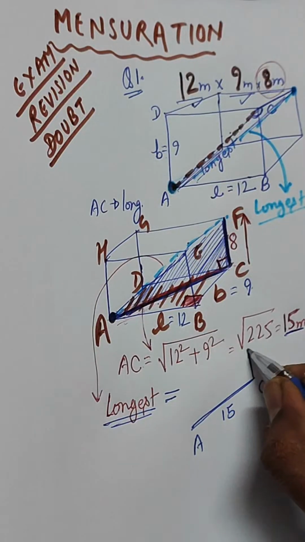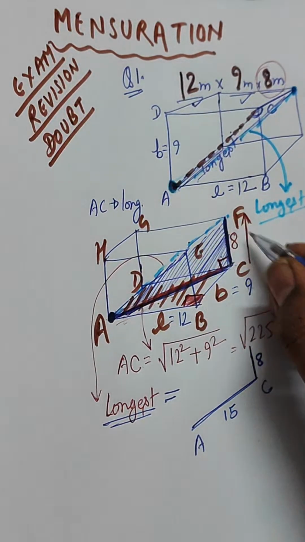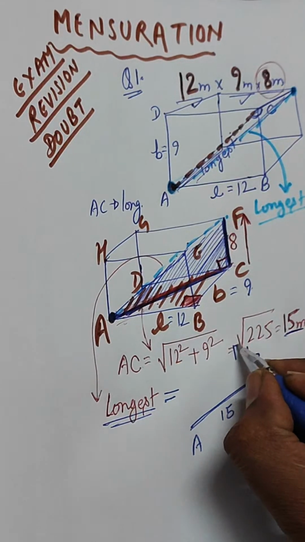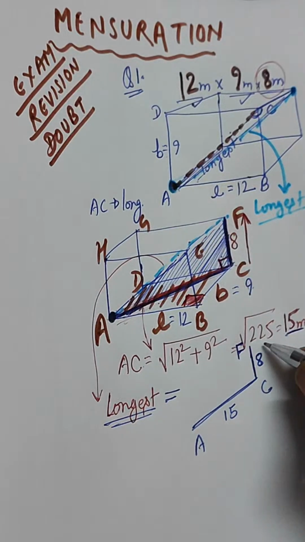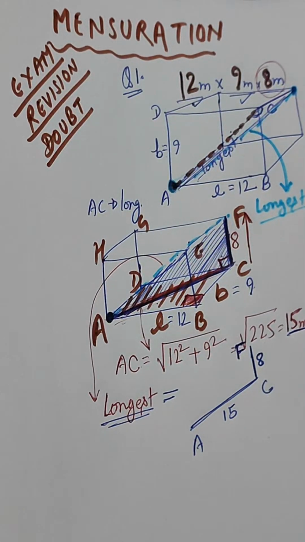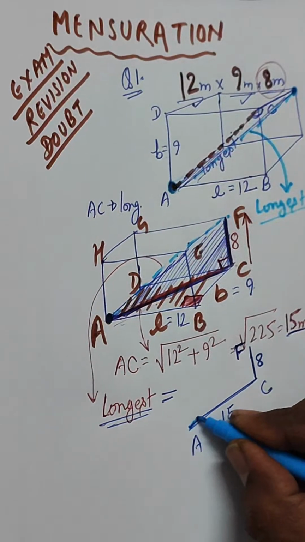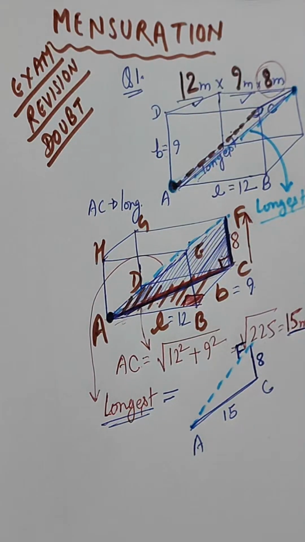Again over here, the height is 8, and on the top we have F over here. I am just drawing a picture of this so that you can understand clearly, right? And from this A to F is your longest diagonal of this room, right?